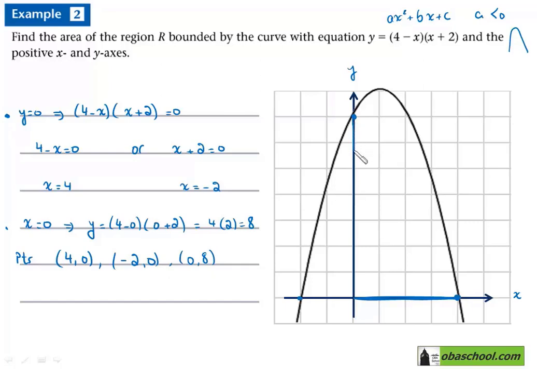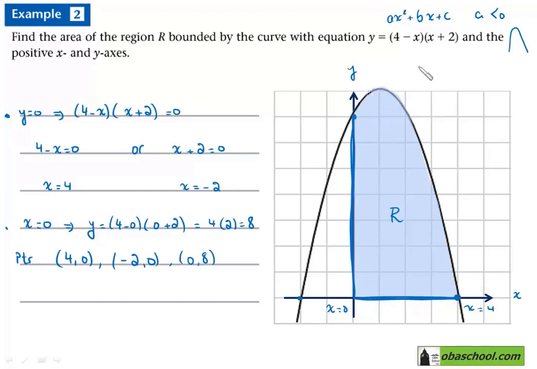Where is the region between the curve, the x-axis, and the y-axis? This is the region. So this is R. We need to find the values of x. The value for x here is 0, and here the value of x is 4.